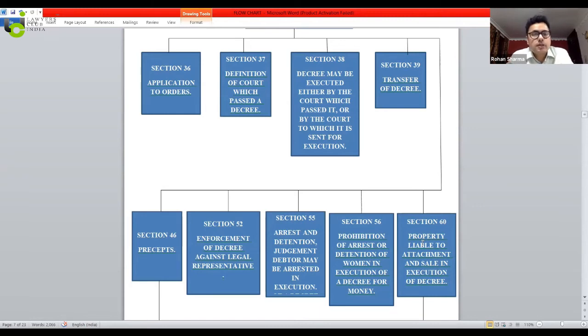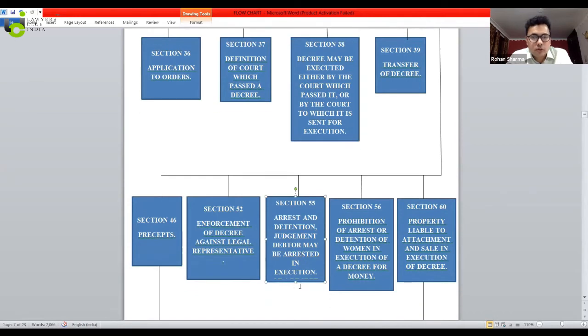All these situations are outlined by this lot of sections, and what procedure has to be followed by the courts in these specific cases is outlined by these specific sections.